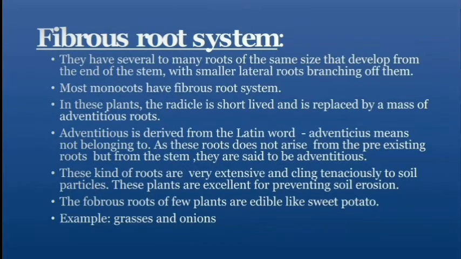Yes, these fibrous roots are also called adventitious roots. Adventitious is derived from a Latin word meaning not belonging to. As these roots do not arise from a pre-existing root, as in the case of taproots, but arise from the stem, they are said to be adventitious, not belonging to.